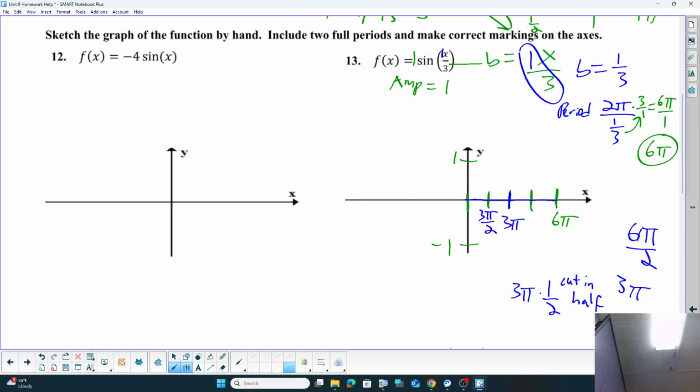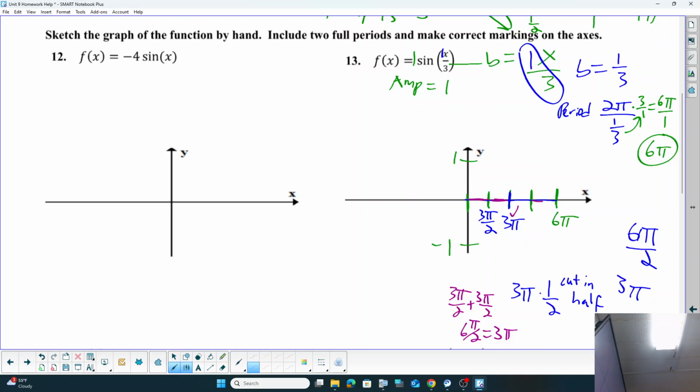So 3 pi over 2 is this distance right here. Then we do another 3 pi over 2. And that's 3 pi over 2 plus 3 pi over 2, which is 6 pi over 2, which equals 3 pi. Check.